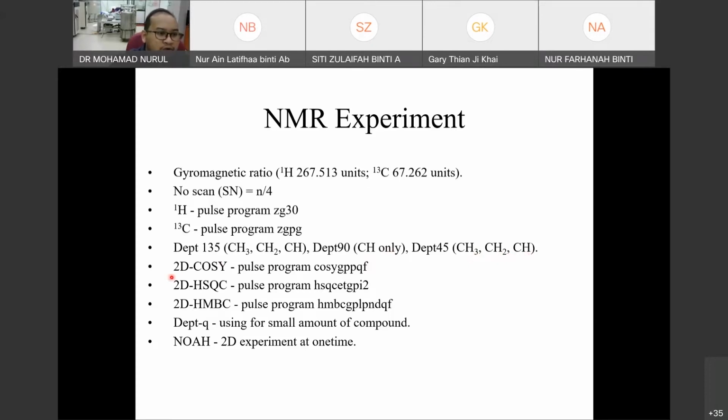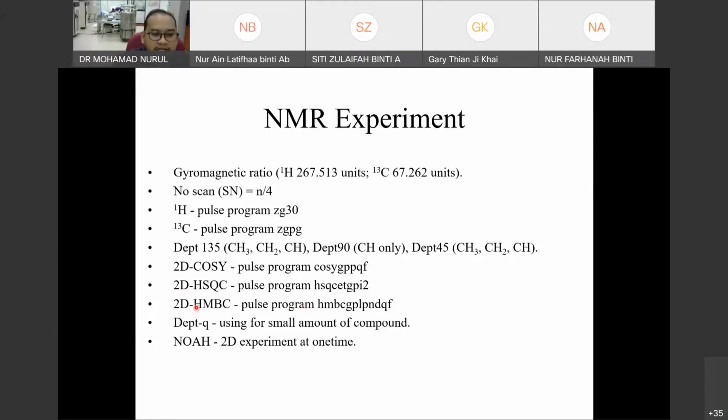For the COSY, we use it to measure interactions between neighboring protons, easiest for the benzene ring, for example, or alkene chain systems. For the HSQC, you measure the carbon which is connected directly to the protons.